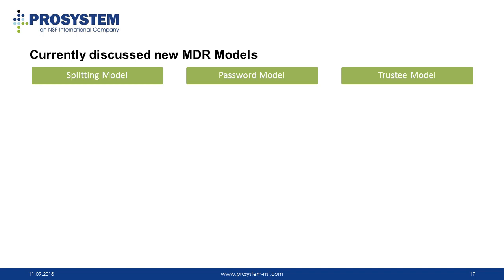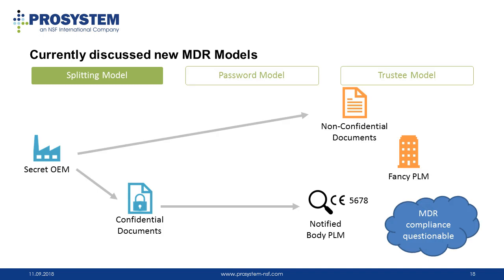I'm going to explain these three different models and what the advantages or disadvantages of these models are. So first of all, you've got the so-called splitting model. The splitting model describes that the complete documentation is split into two parts.